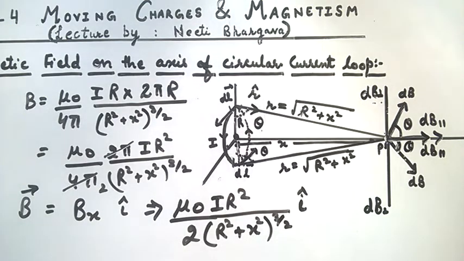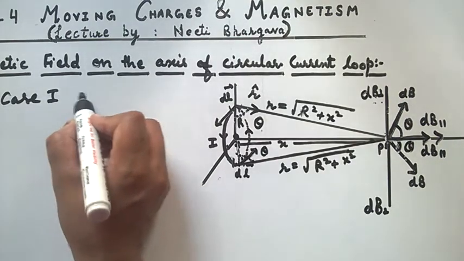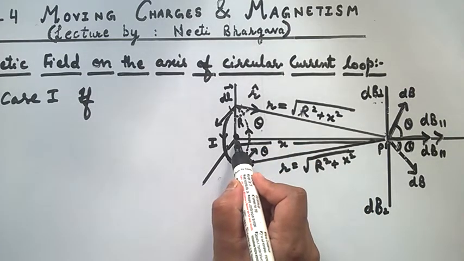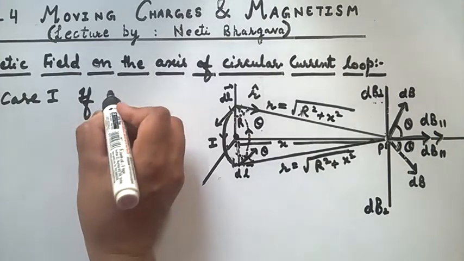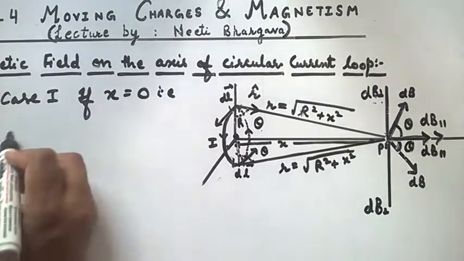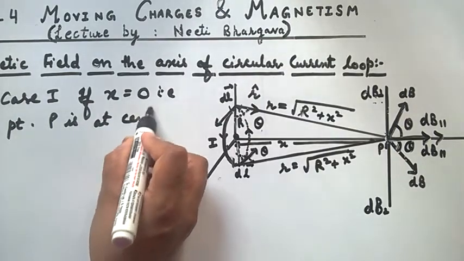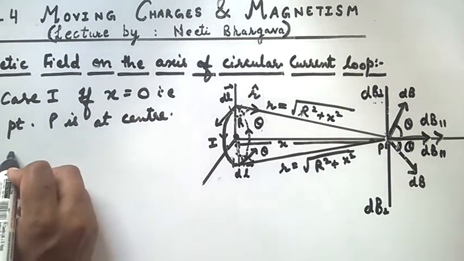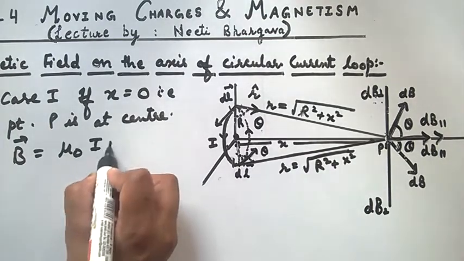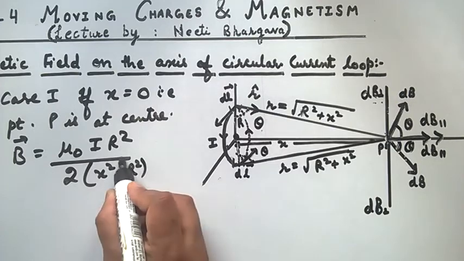Let's see those cases. Case first. In this, if we consider that this distance is 0, that is, if we want to calculate the value of magnetic field at center, point P is at center. If x is equal to 0, that is point P is at center, then B vector is equal to mu naught I R square by 2 x square plus R square whole power 3 by 2.